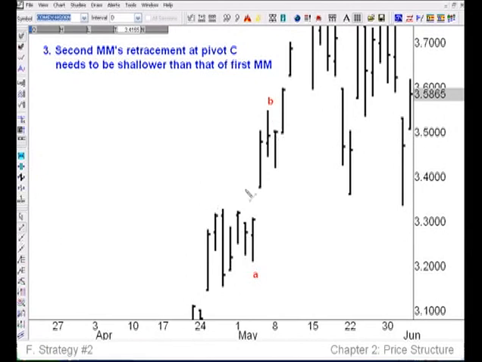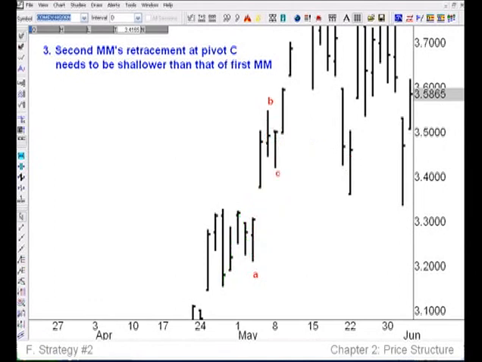But if they were to keep retracing downwards and not get us in, there comes a point where the retracement of this against this may be deeper than this retracement against that. If the potential pivot bar has retraced so much, we will not be buying it even if it were to pivot up.